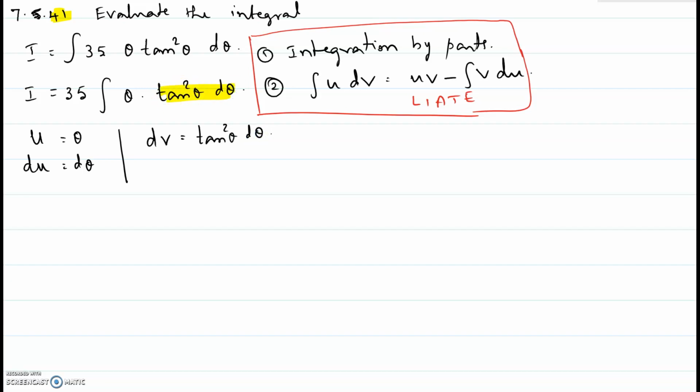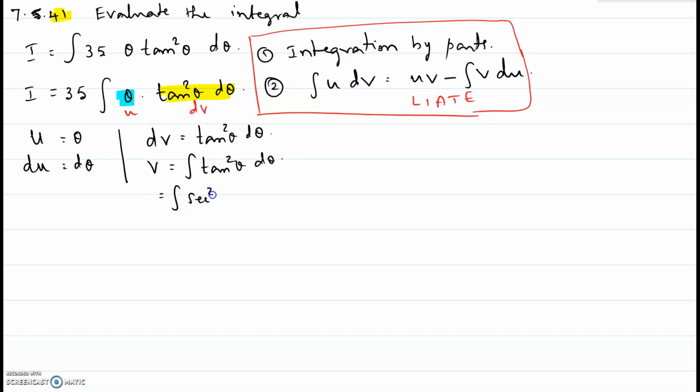So this part is dv and this part is u. So dv is tan squared. We are going to integrate tan squared theta in order to get v.